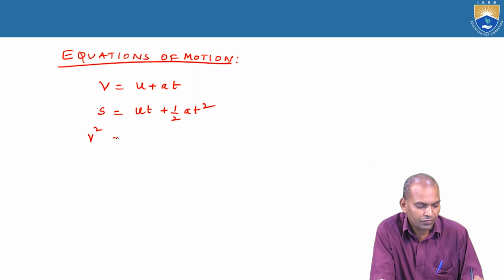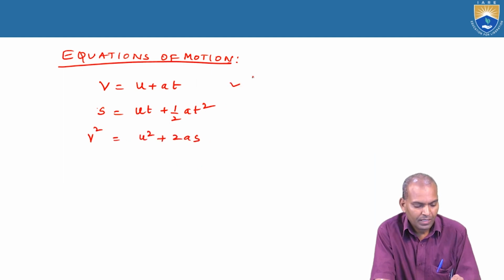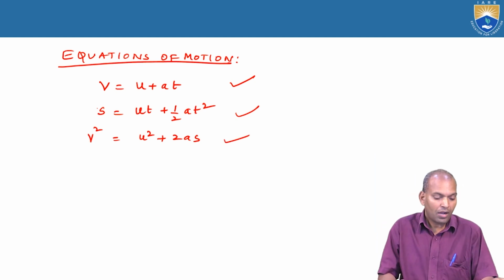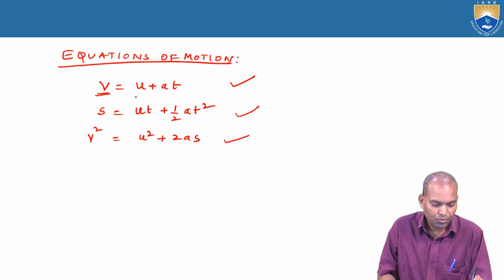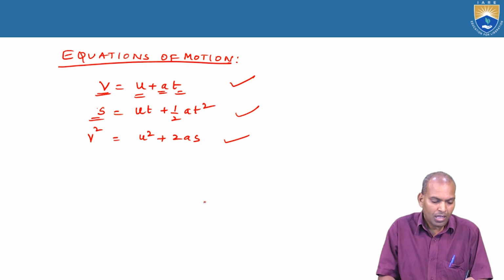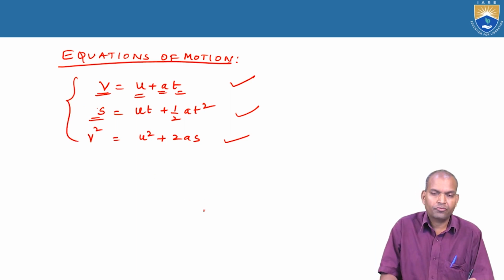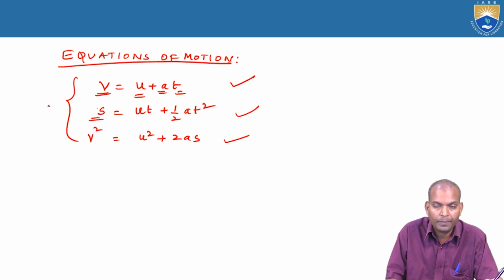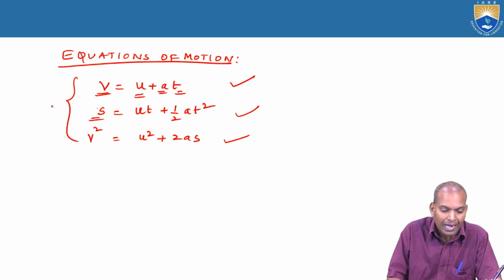And the third equation is v square equal to u square plus 2as. These three equations were derived here. v is the final velocity, u the initial velocity, a the acceleration, t the time, and s the distance traveled by the body. By using these three equations, we solved problems to understand how to apply them.